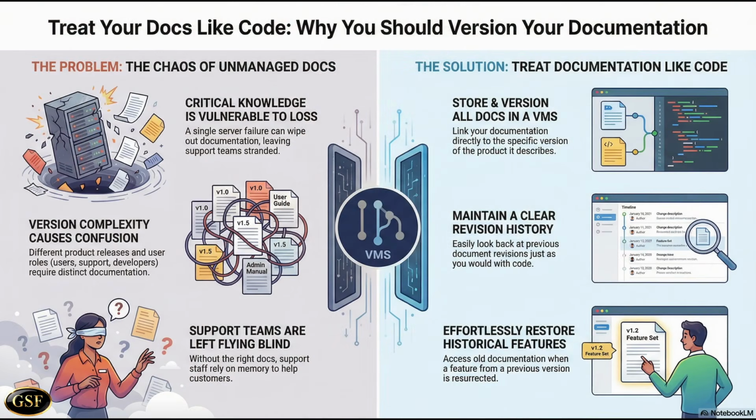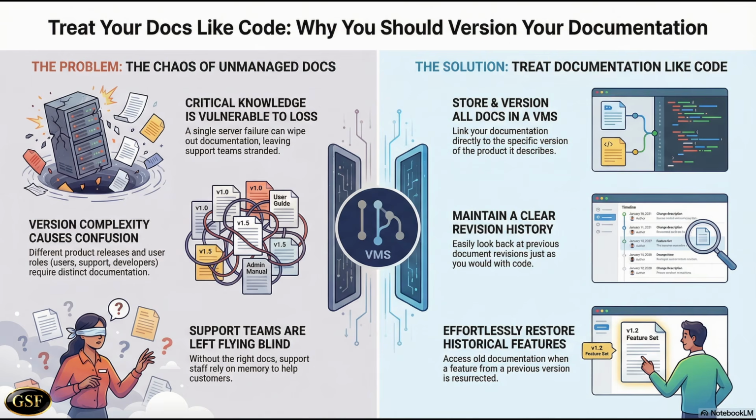Linking a set of documentation with the version of the product it refers to is vital. So why not treat the documentation just like code? Over time, the documentation for a product will get updated. There will be revisions of that document, just like code.